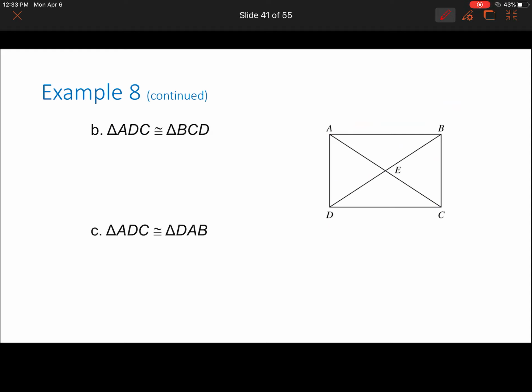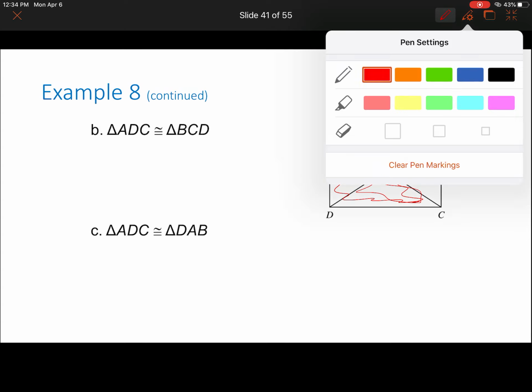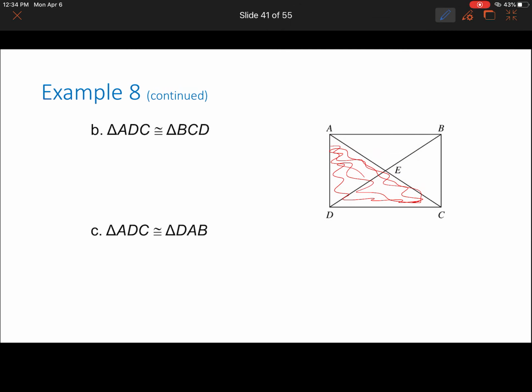So on the next part, we're asked to show that triangle ADC, so again, that's this one, is congruent to triangle BCD. So BCD is going to be this one.